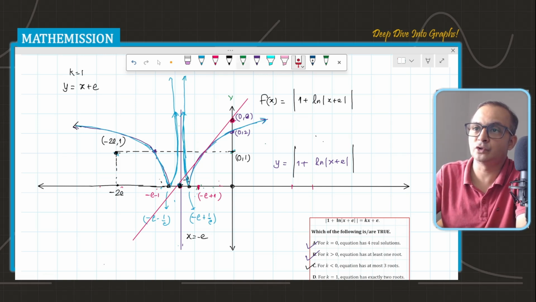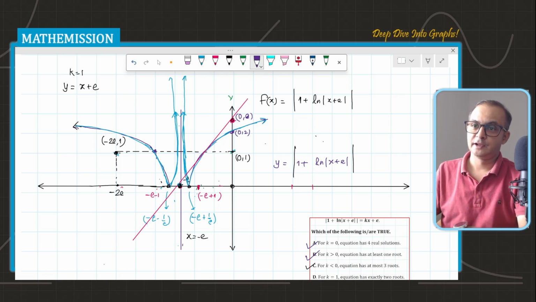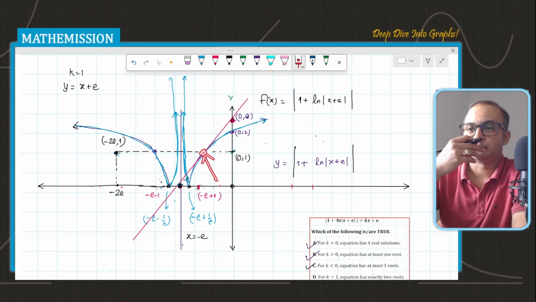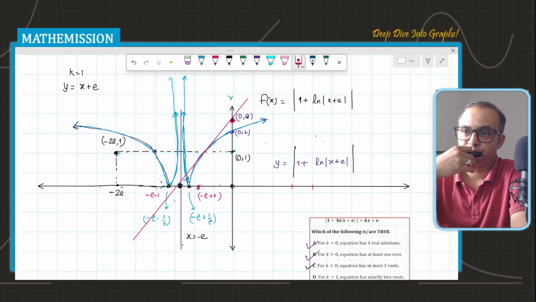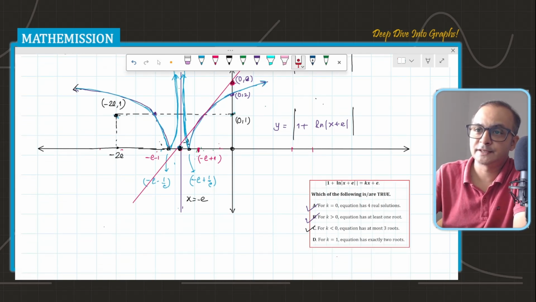But how do we know, until we have drawn the graph exactly on the scale, we cannot say that this is intersected or touched at this point also. So for that, we have to think carefully. So how do we think carefully? Let's see. If this is a point, for sure, it is lying between e and minus e plus 1.